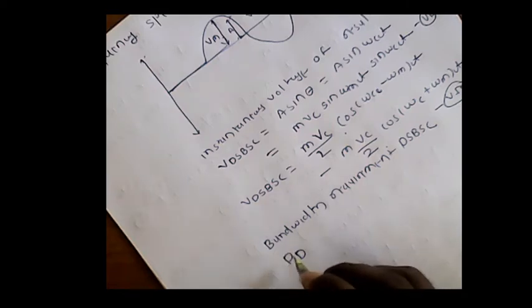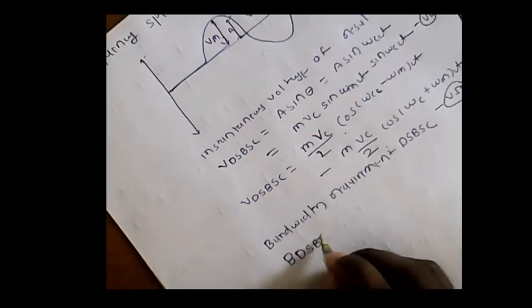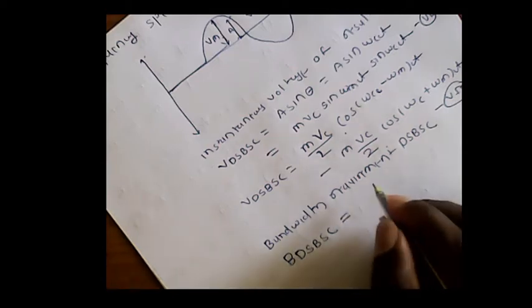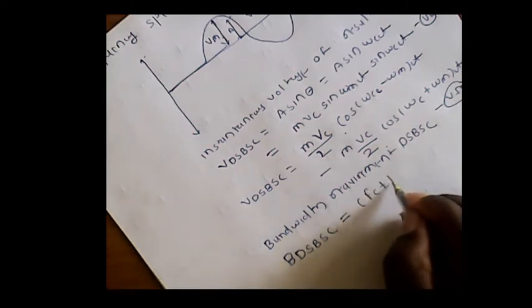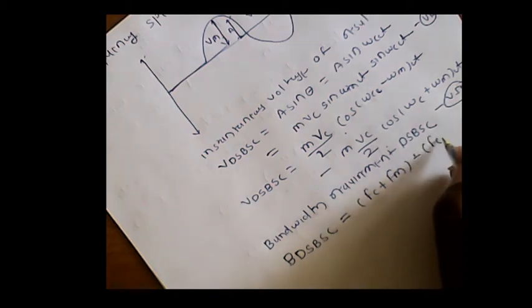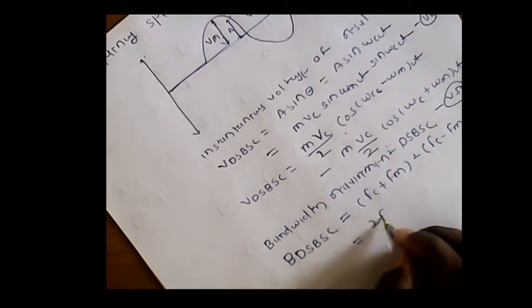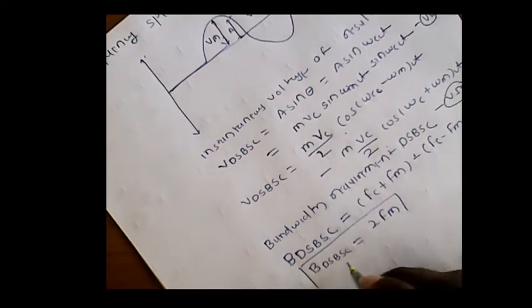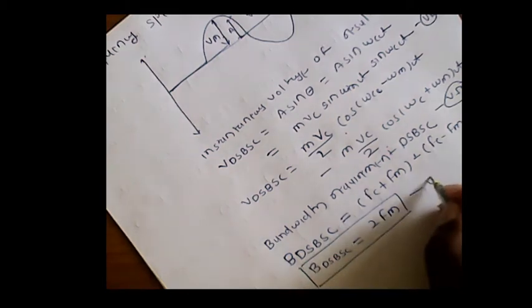B stands for the bandwidth of the double sideband suppressed carrier: fc plus fm minus (fc minus fm), which is twice the modulating frequency. So this is equation number 8.